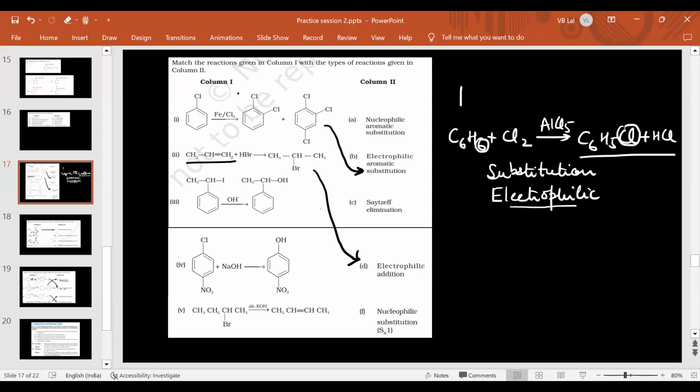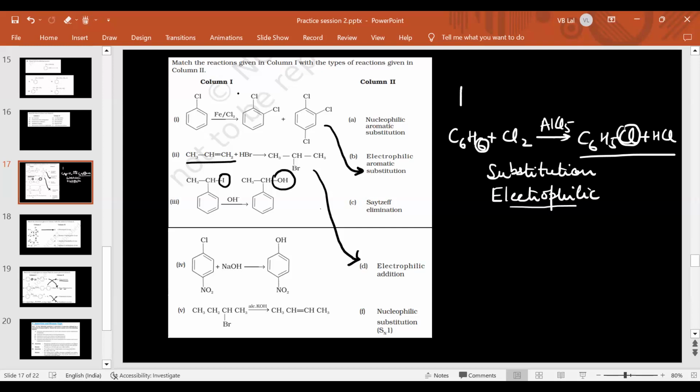Now here what is happening? I is being replaced by OH. See here, instead of I, what is coming? OH is coming. So what is happening? Again, it is substitution. Something is replaced by something else, which is substitution. What type of substitution is it?